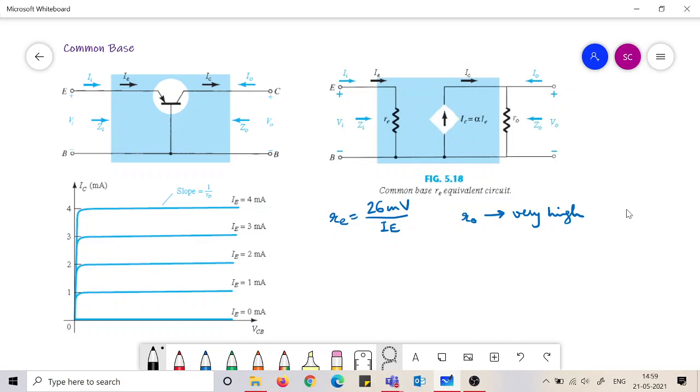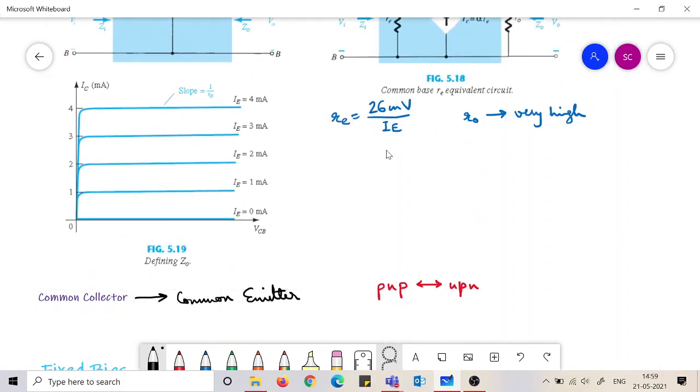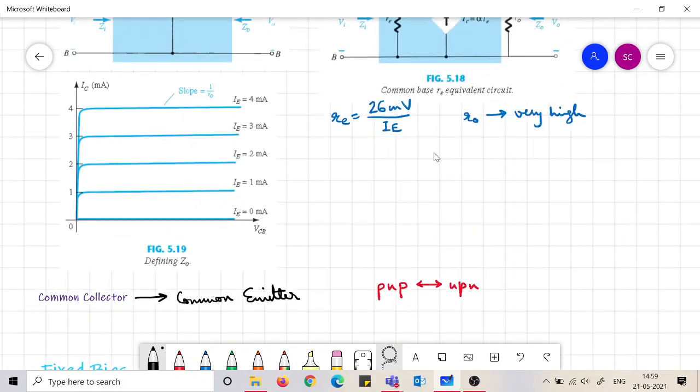And now you can understand that R0 would be very high, almost infinite, in mega ohms. So in many cases you will find that this R0 is not even placed in the equivalent model because it is so high and it is in parallel. That is why you can treat it as an open circuit. RE is obviously 26 millivolt over IE.